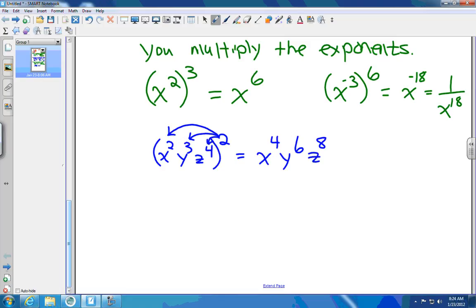And then next one, power of a quotient is the same thing. So if you had 2 over xy squared to the fourth, all that means is everything inside there is taken to the fourth power. The 2 to the fourth, x to the fourth, y squared to the fourth.